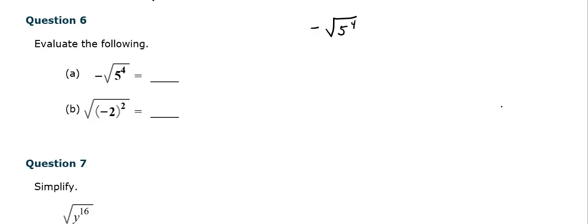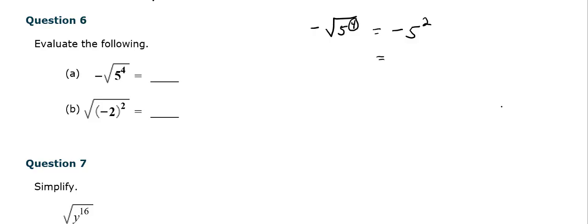So essentially all we're doing, since our root is square root, we'll be dividing our exponent by 2. So that would give us the opposite, and 2 goes into 4 2 times, so on the outside we'd have 5 to the 2nd power.